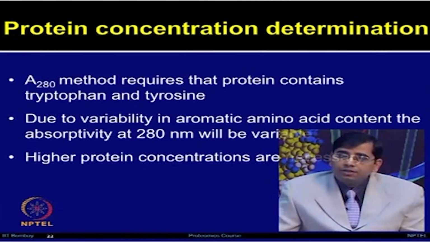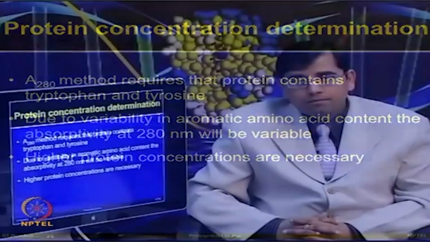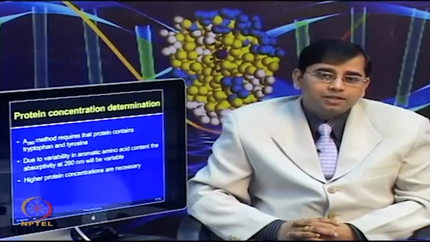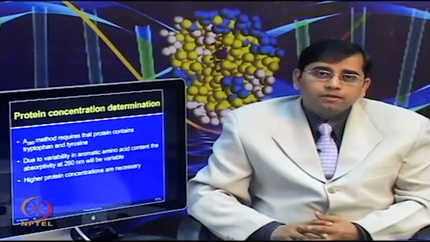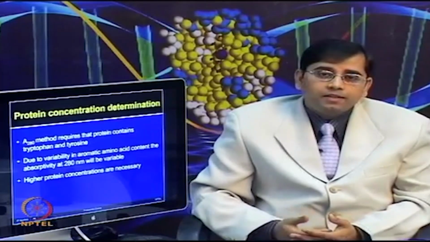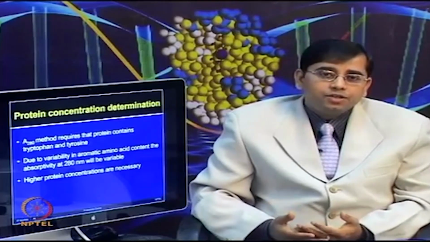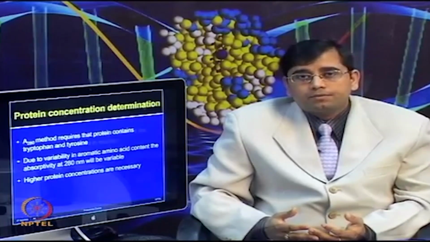Higher protein concentration is not always possible for you to obtain from your protein sample. So, you need to quantify the proteins even if you have lower protein concentration. So, this method has some limitations. One, the aromatic residues have to be there to obtain the absorption at 280 nanometers, and the protein concentration should be in very high amount.